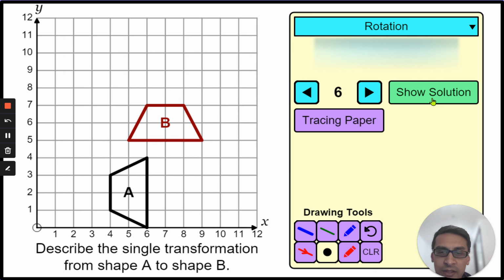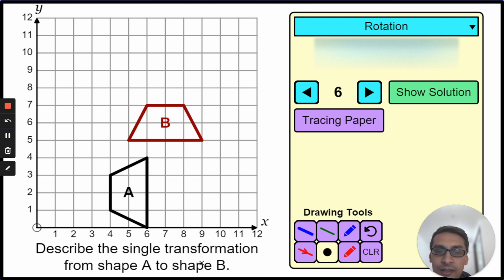What's important when you are describing the transformation, just like before, is that you need to mention 3 different things. First of all, you need to say it's a rotation. The first thing you mention is the angle. The second thing is clockwise or anti-clockwise.